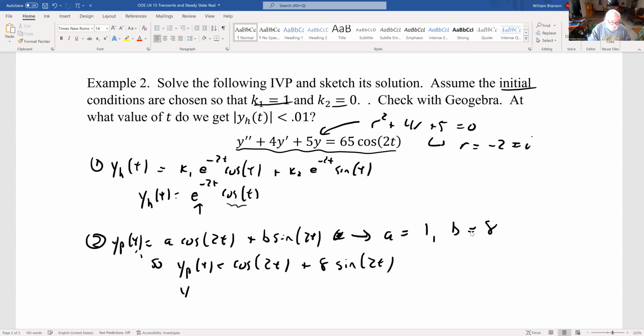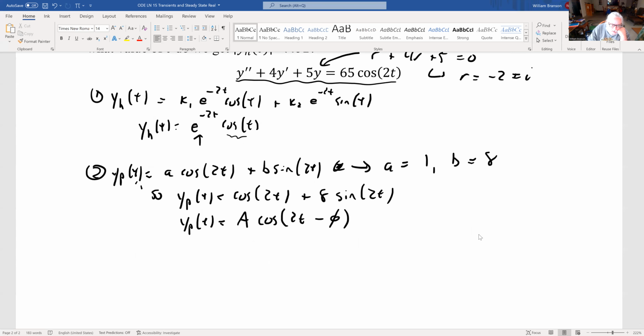We do want to rewrite this again. We want to rewrite this as A cosine of 2t minus phi, where phi is our phase angle and A is our amplitude. What's A? A squared is the sum of the squares of the coefficients, which are 1 and 8. So A equals square root of 65.